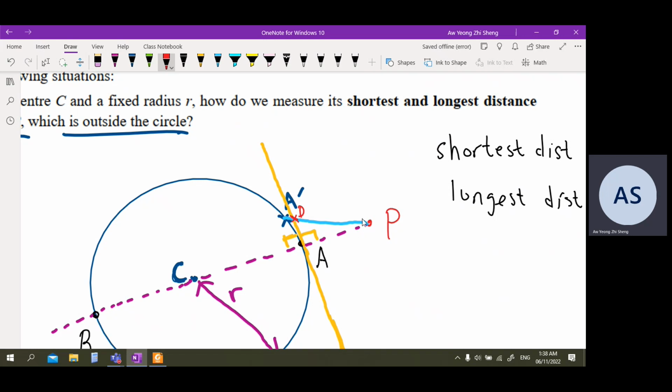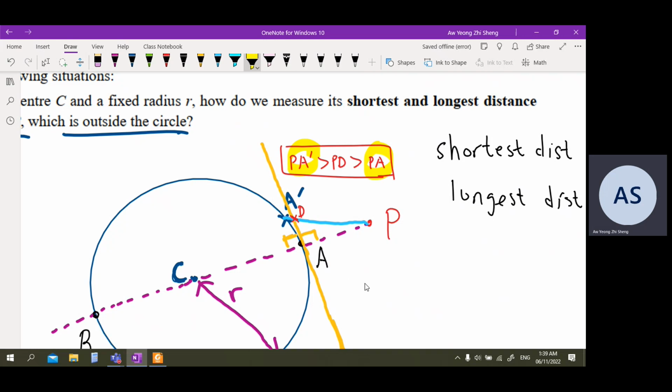PAD is a right angle triangle, and because PD is a hypotenuse, PD must be longer than PA. Because PDA is a right angle triangle, and the hypotenuse side is always a longer side in the right angle triangle. Then, because PA prime is slightly longer than PD, we have this inequality relationship: PA prime longer than PD, PD longer than PA, which means PA prime must be longer than PA.